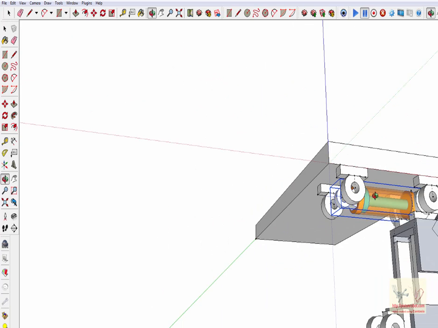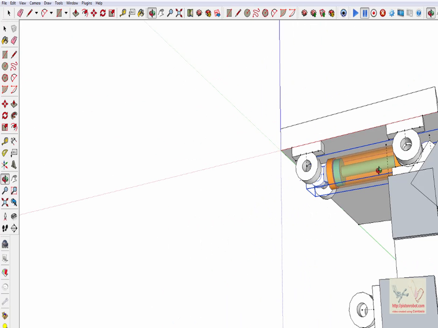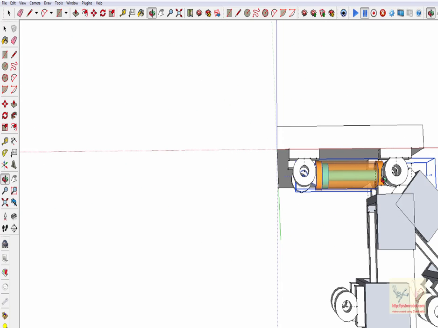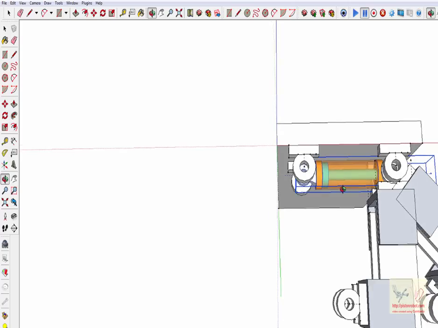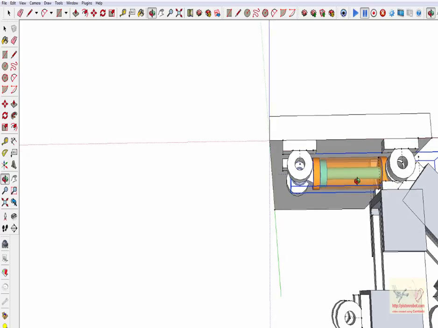Now we can see that this structure is at its minimum rotation and so a minimum length of the hydraulic cylinder.